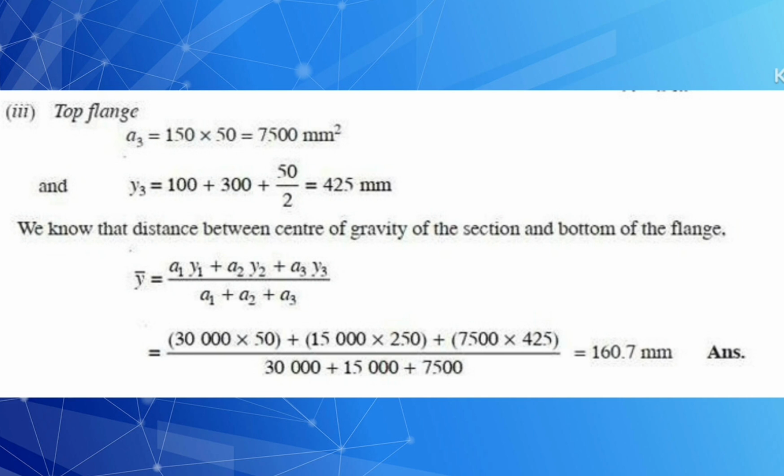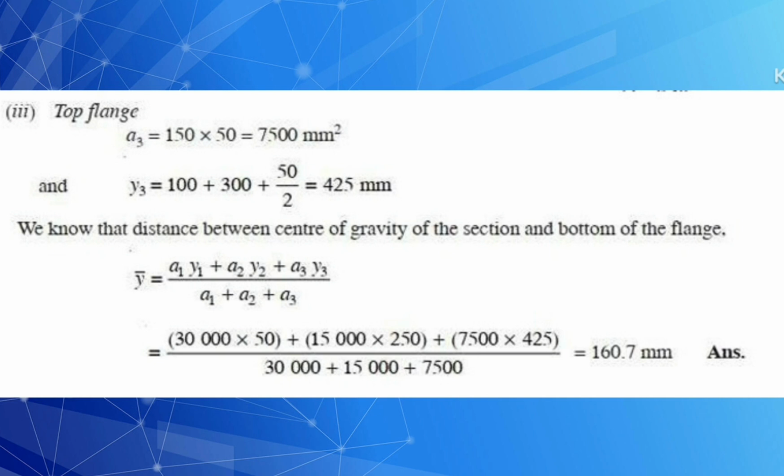And lastly, for the top flange, A3 is equal to 150 into 50, which is equal to 7,500 millimeters square, and Y3 is equal to 100 plus 300 plus 50 by 2, which is equal to 425 millimeters.